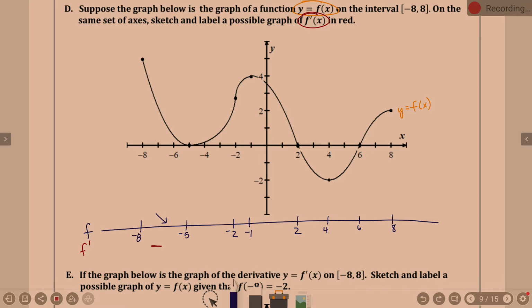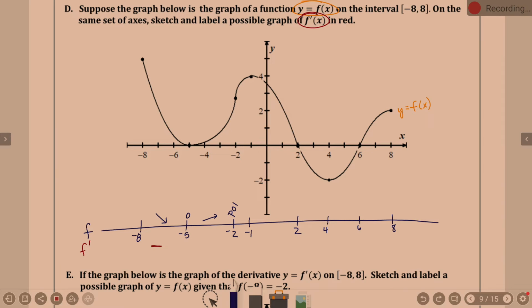Okay. And what is negative 5? Negative 5 is a 0, yes? So just keeping that in mind. What's going on from negative 5 to negative 2? It's increasing. If you want to go ahead and mark it, negative 2 is a point of inflection. And this is me just gathering information. I'll turn it into derivative information in a moment.